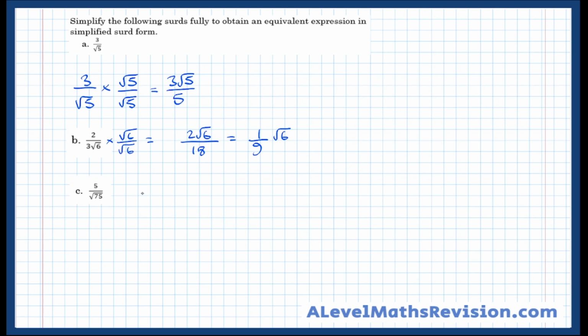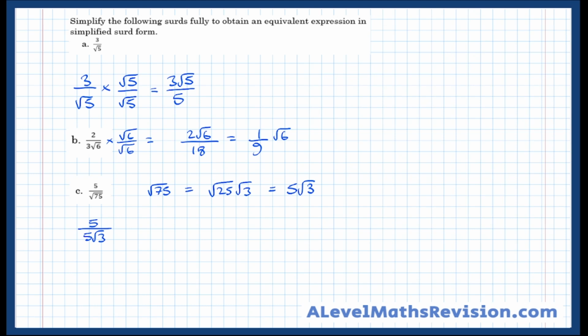Root 75 is equal to root 25 root 3, which is 5 root 3. So I can rewrite this like that: 5 over 5 root 3.